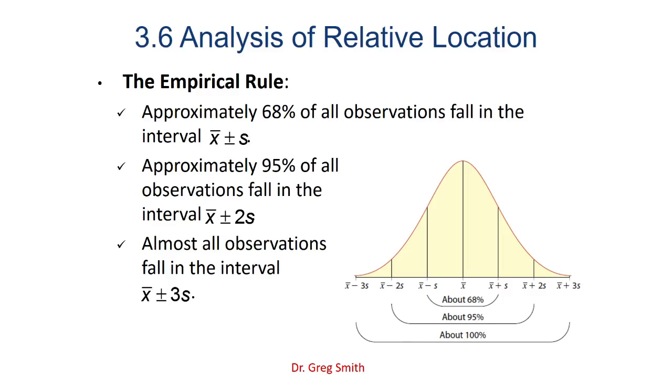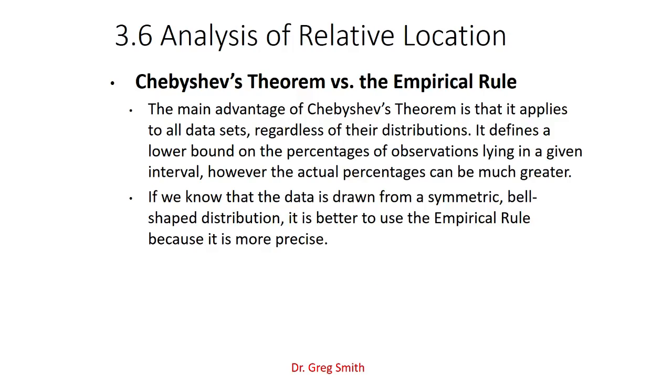So this one's straightforward, but you have to know that it's normally distributed, and you have to know that it's mound shaped. In cases like this, it's very helpful for us because it gives us a quick sense of how many fall, but as we'll see going forward, using the normal distribution is a quick check to see whether or not it makes sense. The advantage of Chebyshev's is, more than anything else, you don't have to know the distribution.